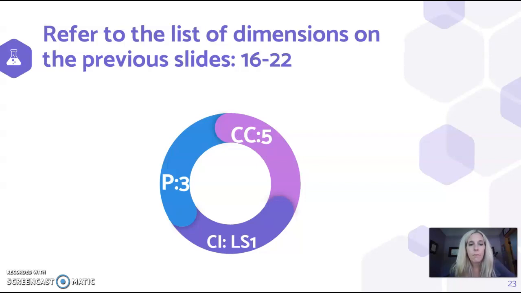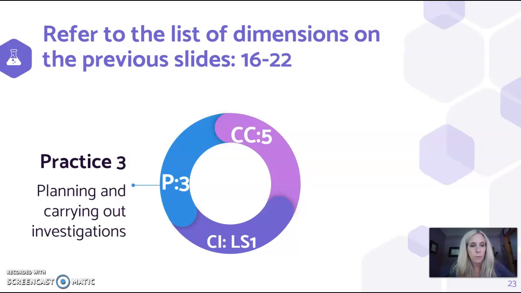I provided a visual circle here that you can look at, just giving another visual example for each of those 3 dimensions. The one on the left, you will see it has P and then a 3. This is something that you would see within the science benchmarks. Again, P stands for practice and 3 stands for planning and carrying out investigations.